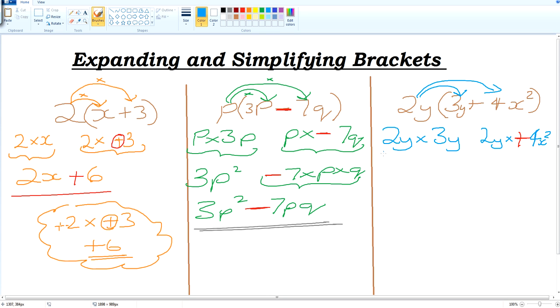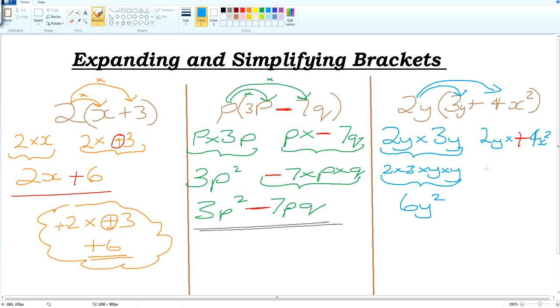Now, let's do simplification. What's 2y times by 3y? That's the same as saying 2 times by 3 times by y times by y, which we did last lesson. That gives us altogether 6y. 6y what? Y squared. Because y times by y is y squared. Now here, remember, there's no sign here, is there? Look, there's no sign here. But the sign's going to come from the calculation.